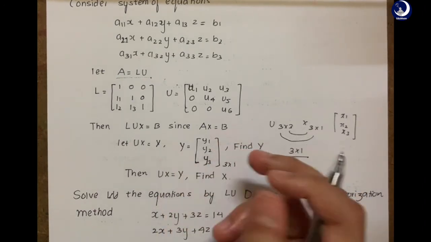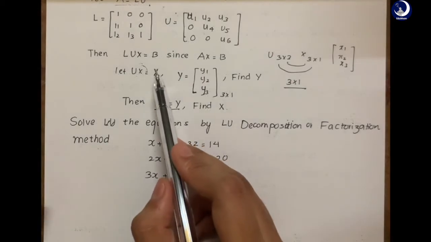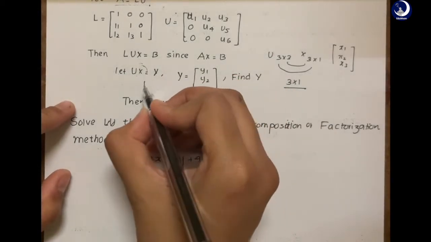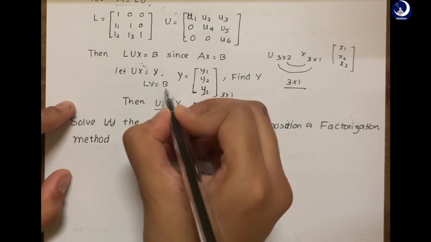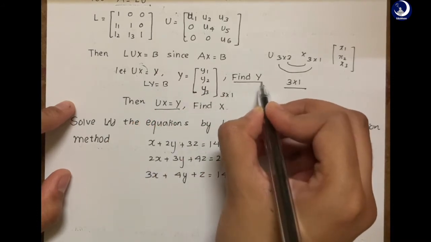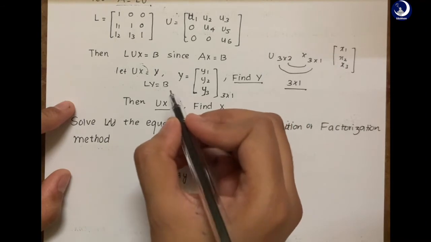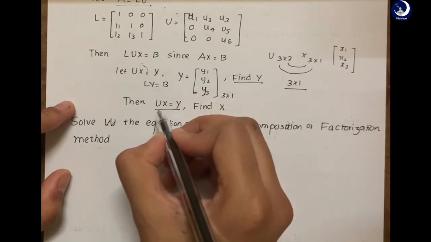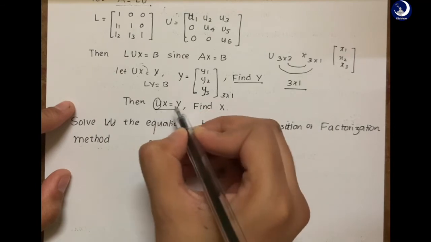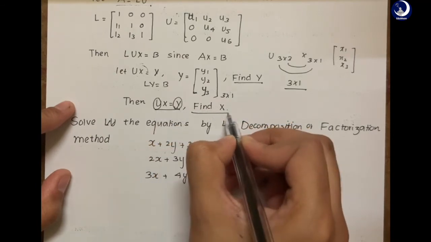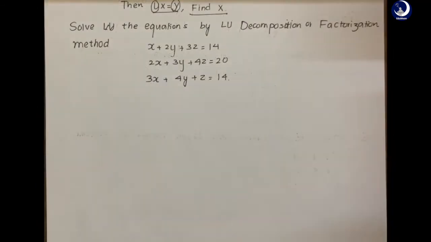Let's assume this. Now, since Ux equal to y, then Ly equal to B. Since we know L and B values, let's find y from this. Now, let's substitute y in this Ux equal to y. We know U value and y value. So, we'll be finding x through this method.